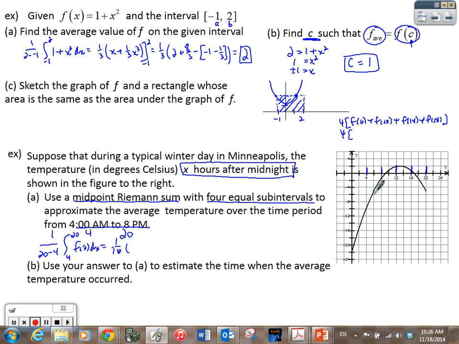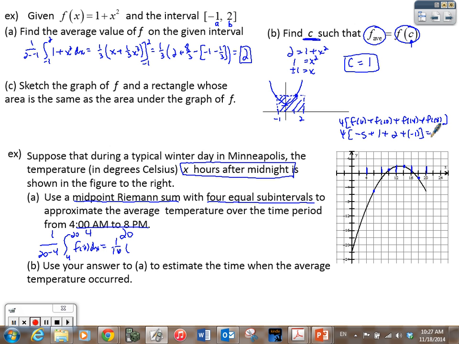So f of 6 is down here. I estimated that at -5, plus f of 10 is right here, and I estimated that at 1, and f of 14 is right here, and I estimated that at 2, and then f of 18 is right here, and I estimated that at -1.